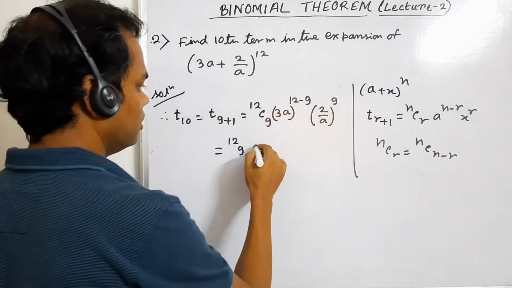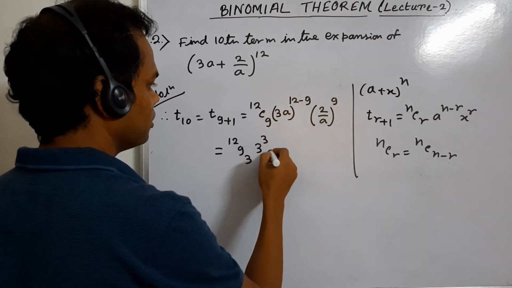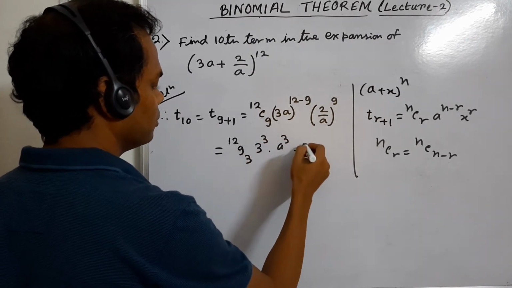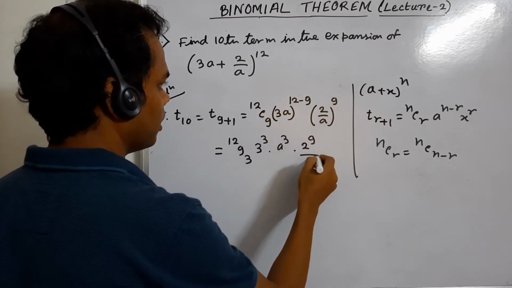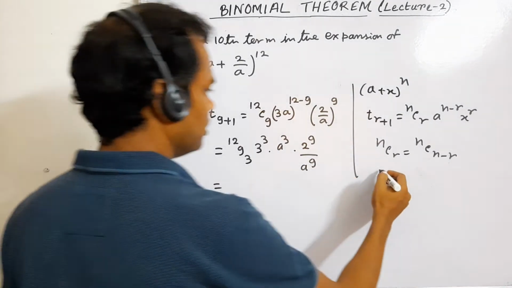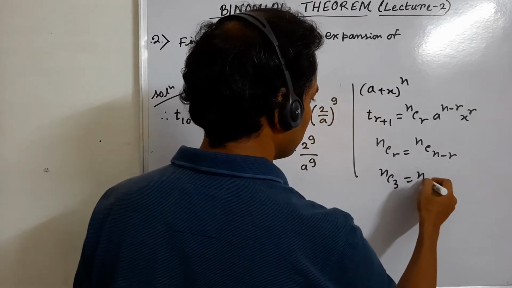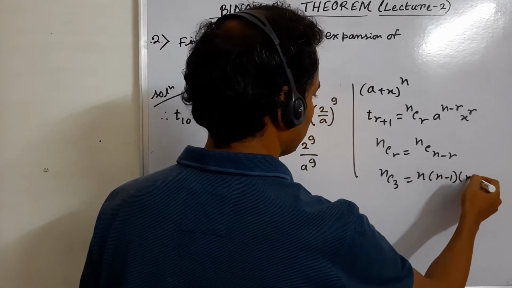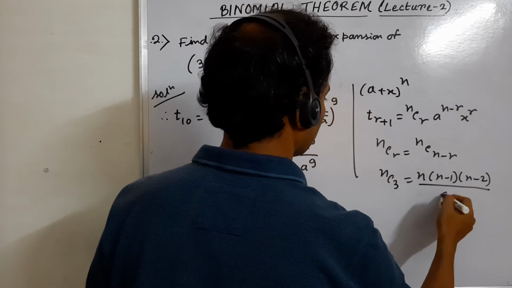Now (3a) cubed is 3 to the power 3 into a to the power 3, and 2 to the power 9 by a to the power 9. The formula for nC3 is n into n minus 1 into n minus 2 by 6.